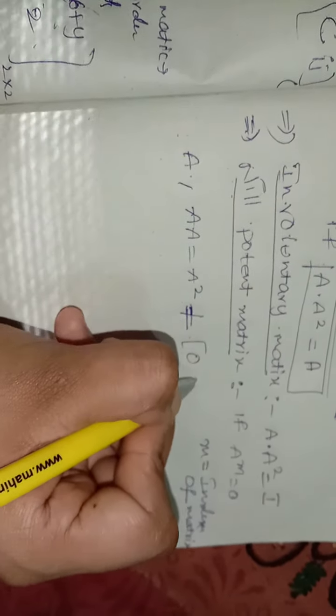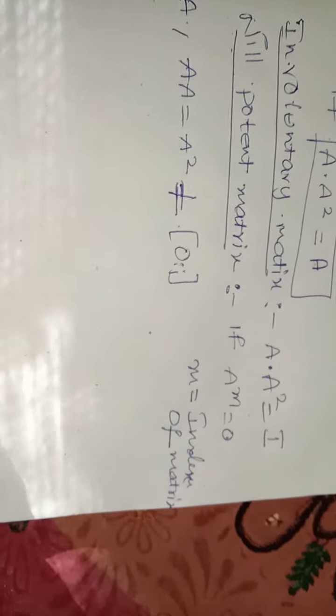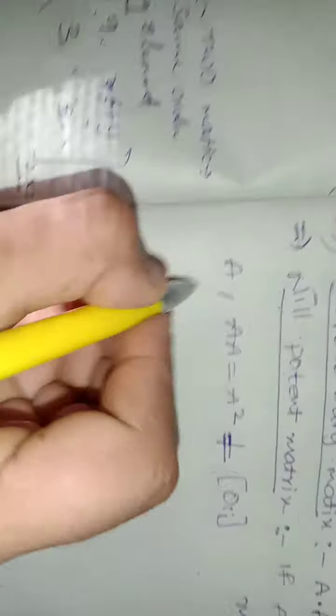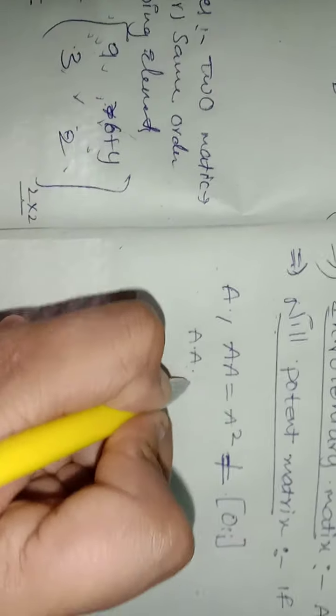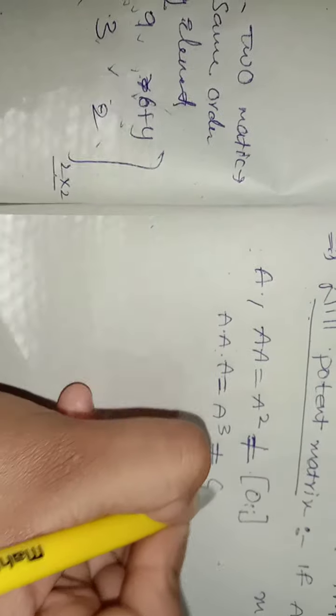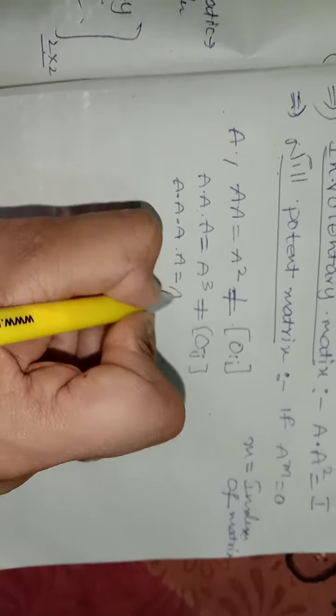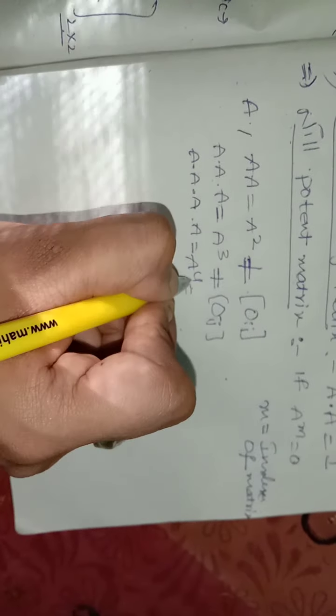You know about the null matrix. Okay, it is not equal to the null matrix. Then again you multiply A into A, then now it becomes A cube. Again it is not equal to the null matrix. Okay, again you multiply with A into A. Now it becomes A power 4. Now it became a null matrix.